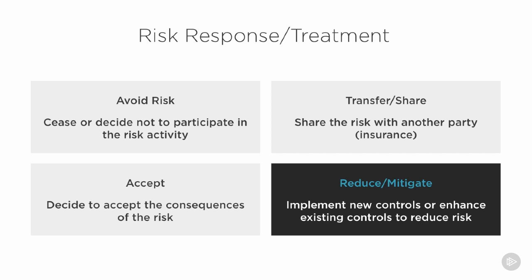In most cases, we cannot reduce asset value, but we could try to reduce the likelihood of that asset being compromised through better controls. Or we could reduce the impact or damage to that asset by containing and addressing that risk quickly if it were to actually happen.